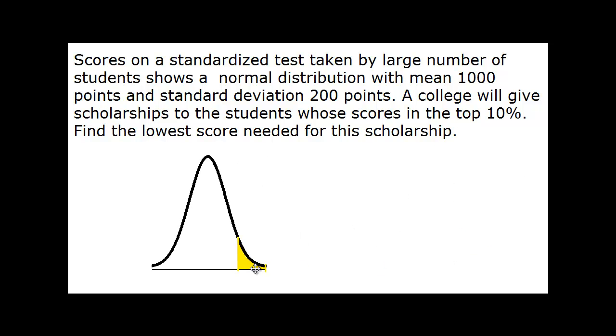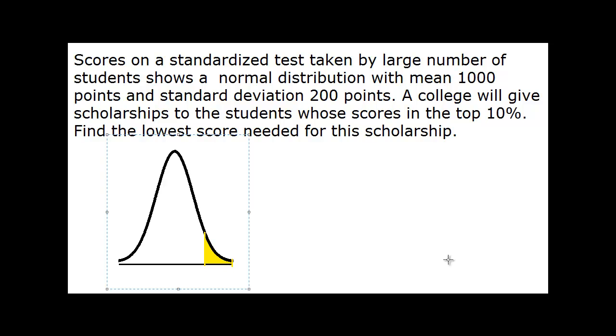Okay, so we would like to find the value for this given normal distribution so that the area to the right of this value is 10%, all right, or in terms of proportions it's 0.10.